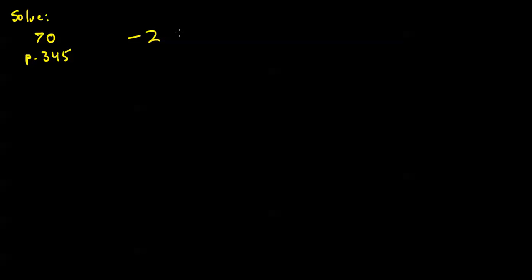And let me make sure I copy it down correctly. -2 is less than or equal to 5 minus 3x over 2, which is in turn less than or equal to +2. Again, a double-sided inequality, or an AND type inequality statement.